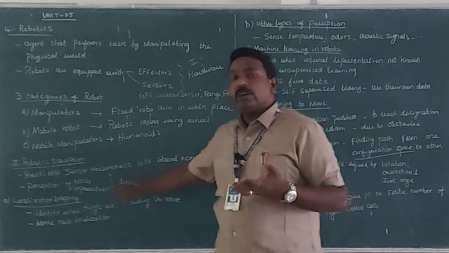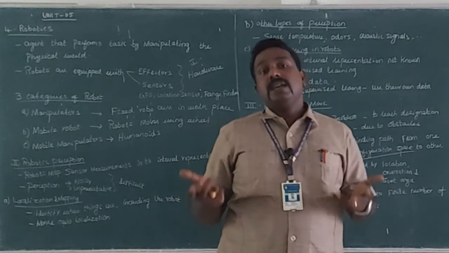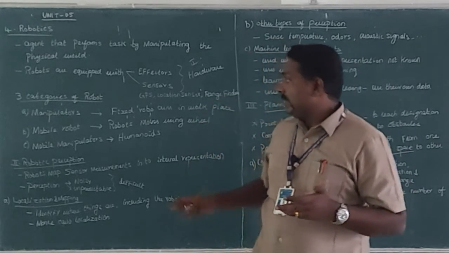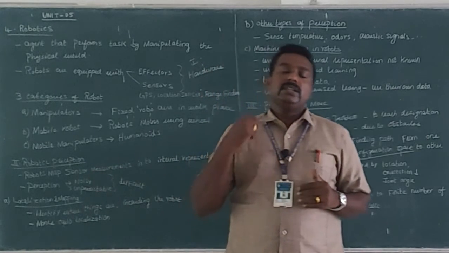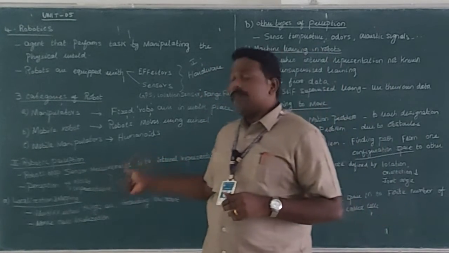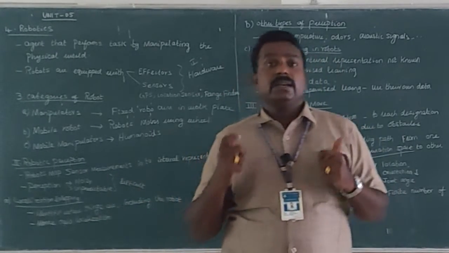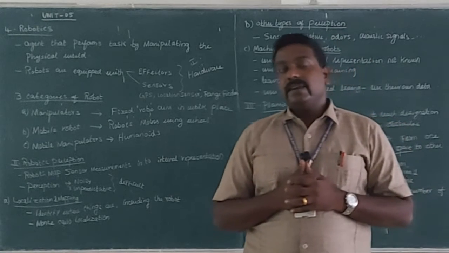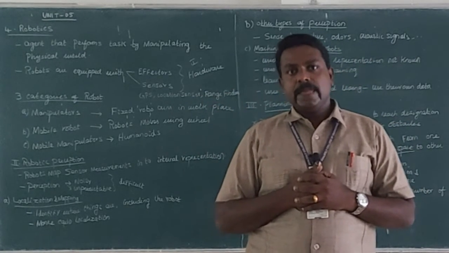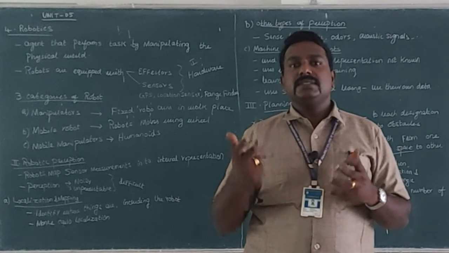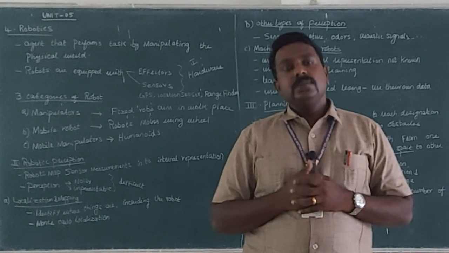So the noisy environment, unpredictable environment, these will be the difficult part while perception of robots. Okay. So the noisy environment as well as the unpredictable nature of the environment will create some problems while perception on robots. On noisy environments, the robots will find it very difficult to perceive.